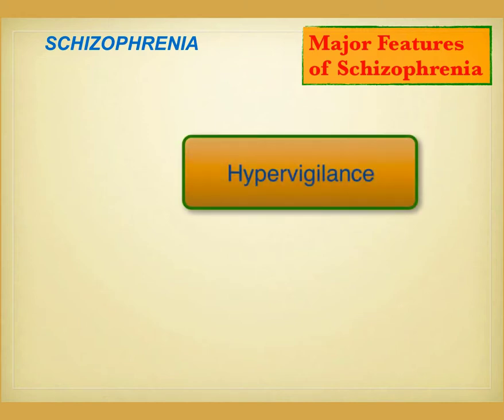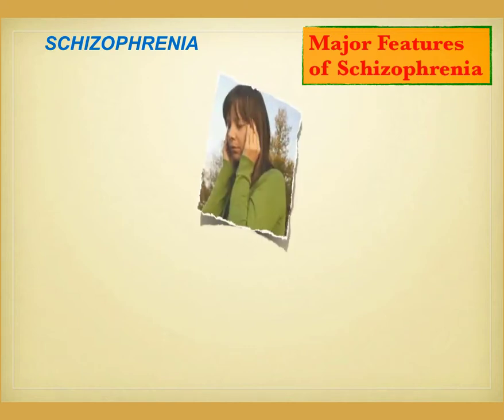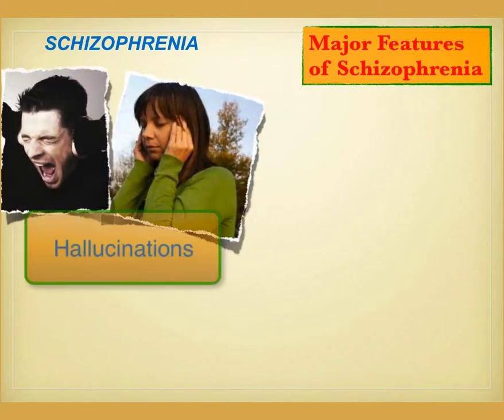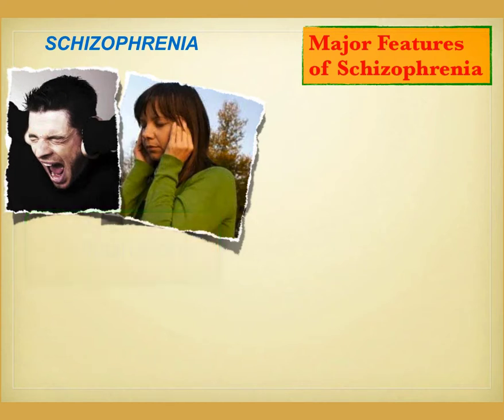Hypervigilance is the oversensitivity to stimuli, not being able to filter out things and focus. Perceptual disturbances include hallucinations, images perceived without any external stimuli. The hallucinations can involve any of the senses: auditory, somatic, which is feeling, gustatory, which would be taste, and olfactory, which would be smell. Auditory and visual are the most common.